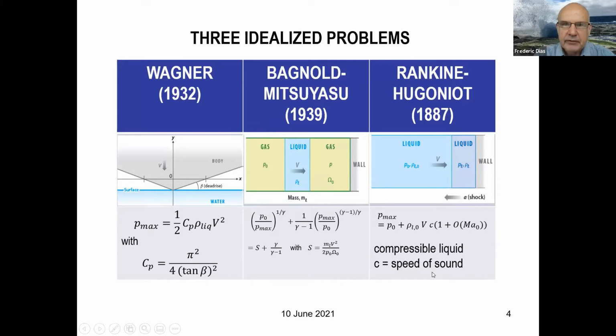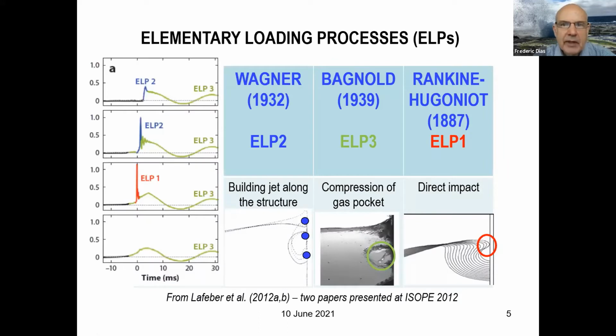It turns out that these three types of impacts occur in this slamming problem. Here are some experiments that were performed. Essentially the experiments were a wave impacting a vertical wall, and here are some recordings of the pressure along the vertical wall.